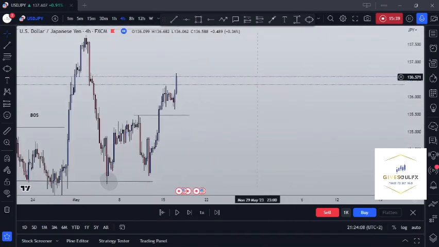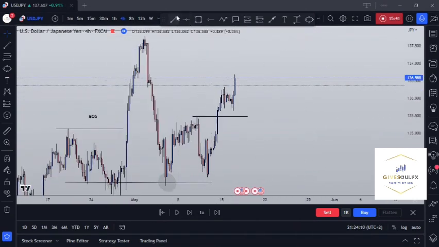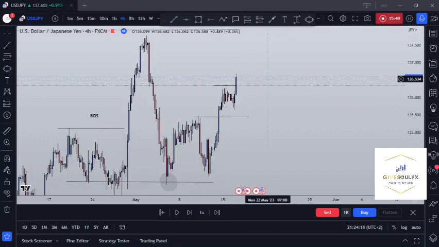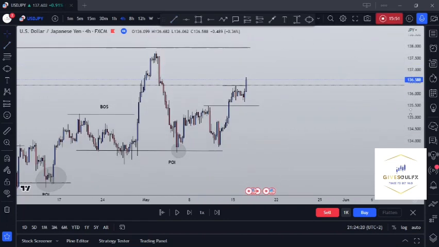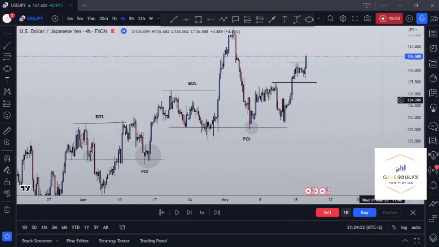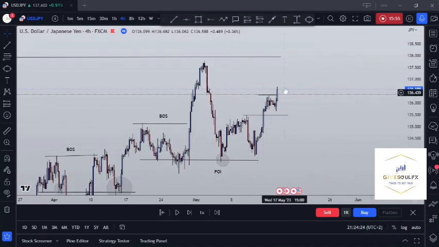Then using the ICT strategy, you will eventually see that price has broken our previous high here. You see that price broke our previous high here. Then what I want to see, as you can see, price has been breaking above the structure, then tracing above the structure.